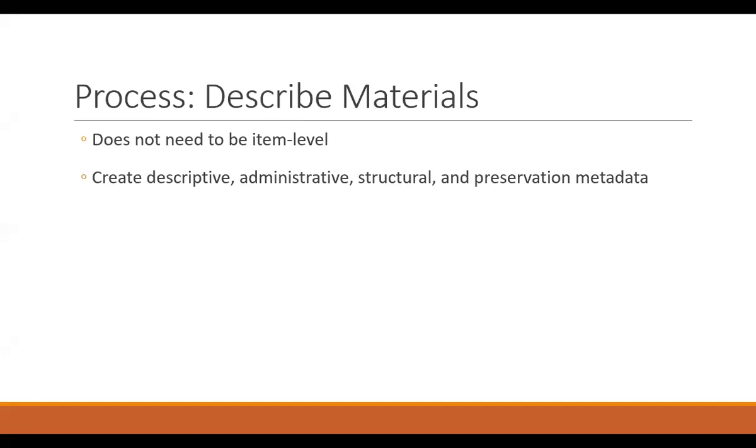Next, you'll want to describe your records using metadata, including the descriptive, administrative, structural, and preservation metadata. And this does not need to be an item level description. You can describe your collections in series or collections of files.